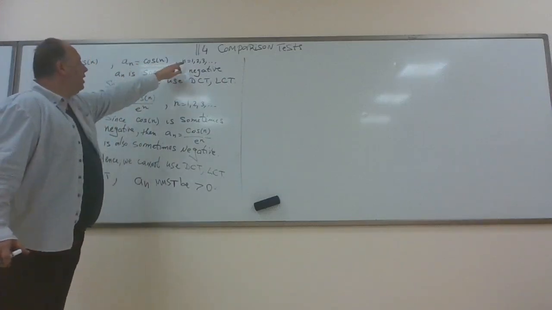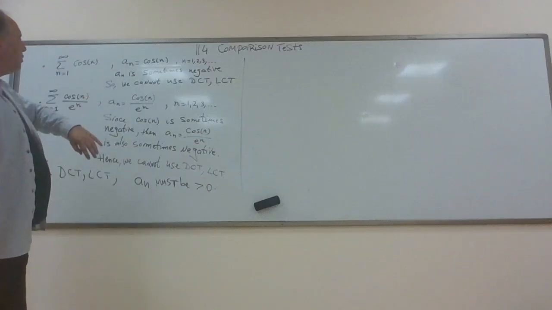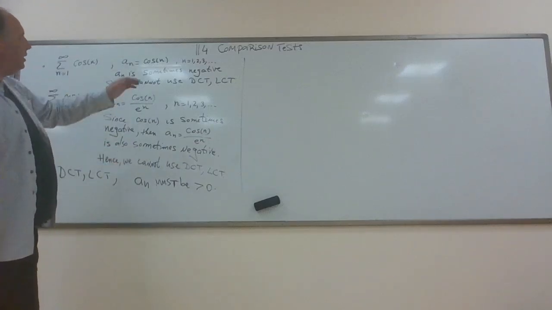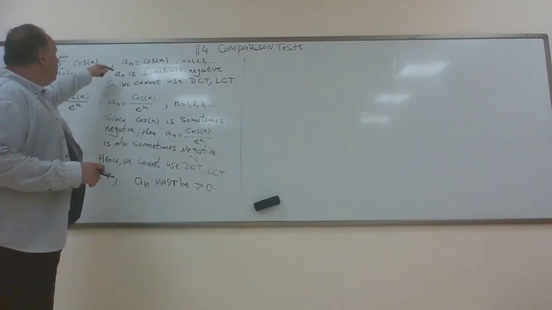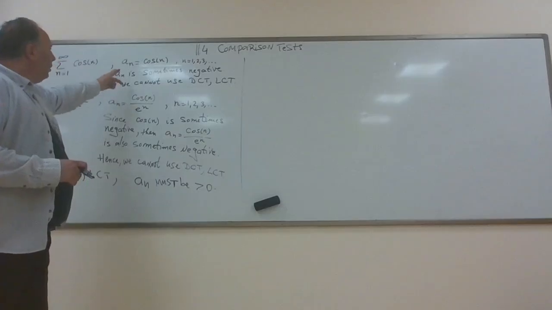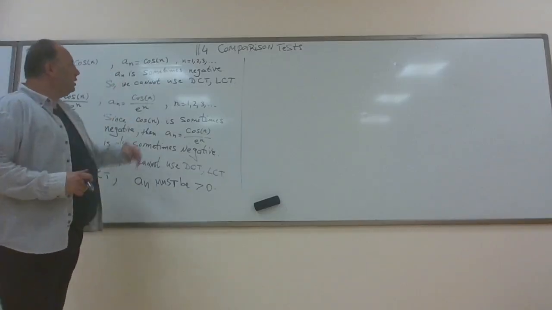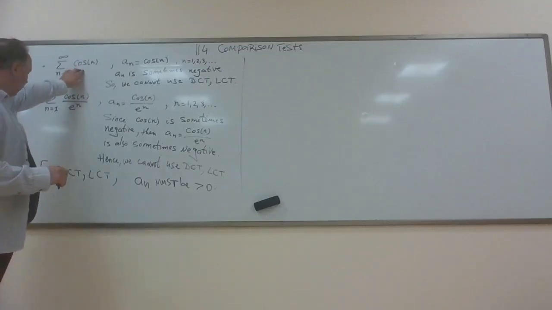So cosine of n, as we change n, sometimes it's going to be positive, sometimes negative, then positive again, then negative again. So we keep generating positive and negative numbers. That means that we cannot use the direct comparison test or the limit comparison test on this series. Why?